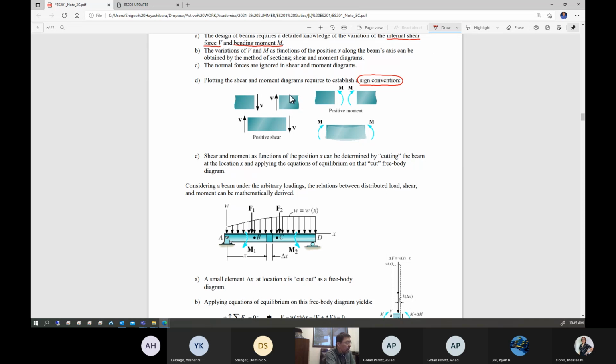This is the positive direction of shear on your left-hand side cut. That's what I've been doing for the previous examples. I try to follow the sign convention. And also, this is the direction of positive moment in your right-hand side cut. Left-hand side cut, this is a positive moment direction.